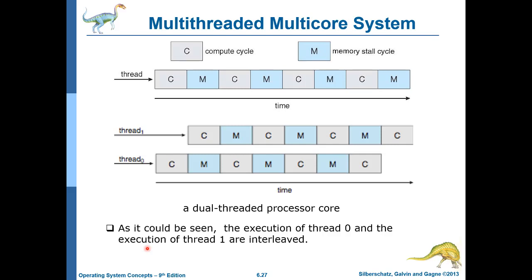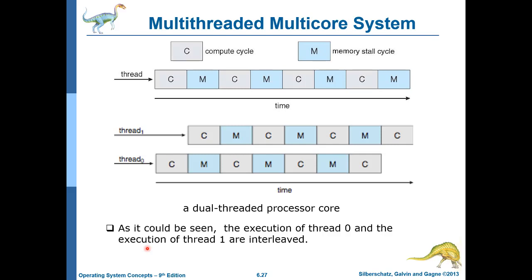It is managed by the hardware. So in the first case, when a thread finishes its compute cycle or is waiting for memory stall, the CPU is not doing anything, it is only waiting for the memory stall, during which we load the cache with more data from the RAM.